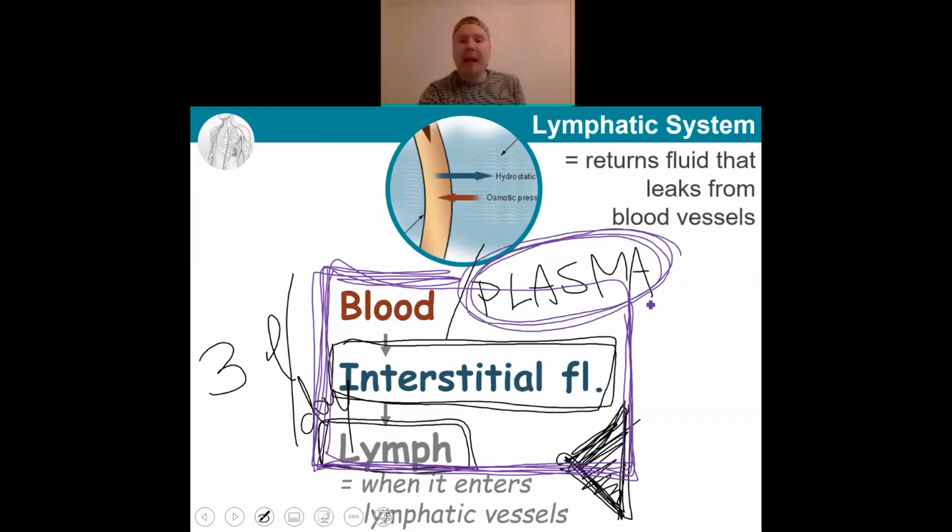And plasma was that liquidy part. It didn't include cells. And this plasma was transported within the blood vessels, and in this example that we looked at, within these capillaries. Well, some of this plasma escaped, and it now became interstitial fluid.